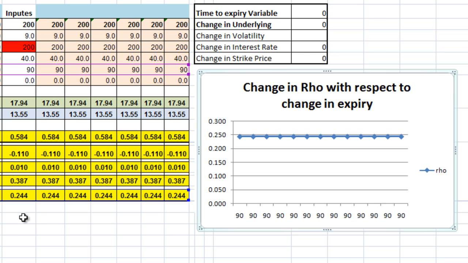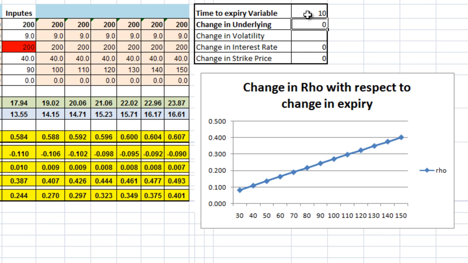All the other factors remaining the same, I change the time. Now I can see here the longer the expiry, the higher the change in rho, and the nearer the expiry, there is less change in the rho.